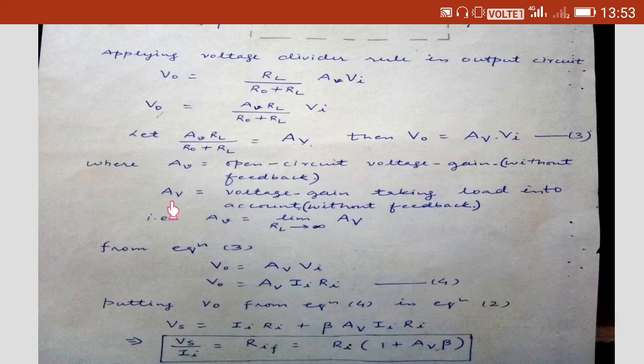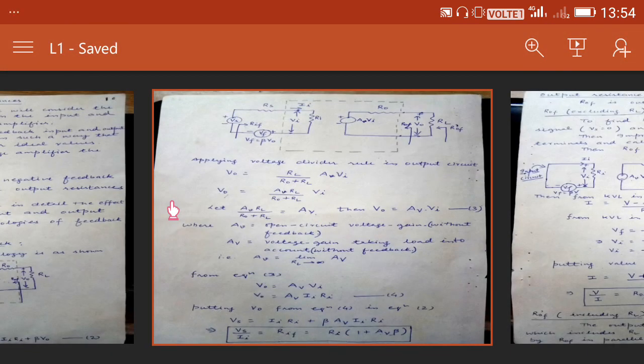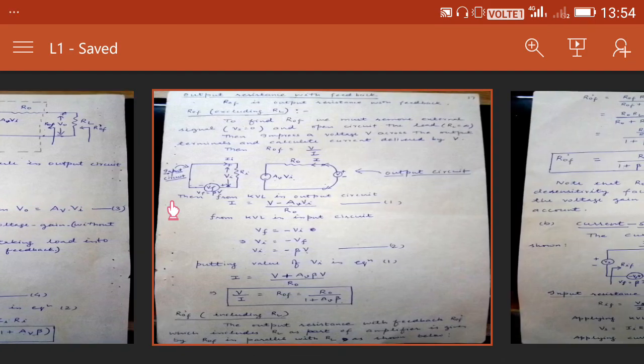We can easily observe that input resistance with feedback is very much greater than Ri. Meaning due to negative feedback, our input resistance increases. Now we will derive the expression of output resistance.